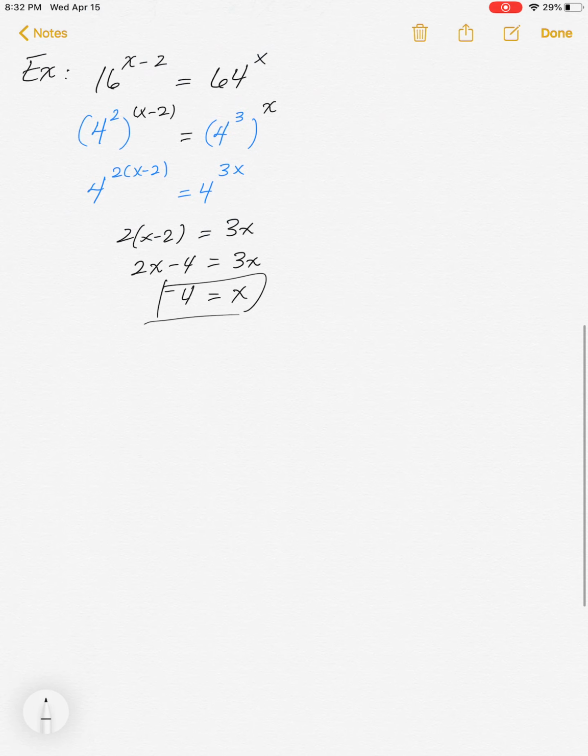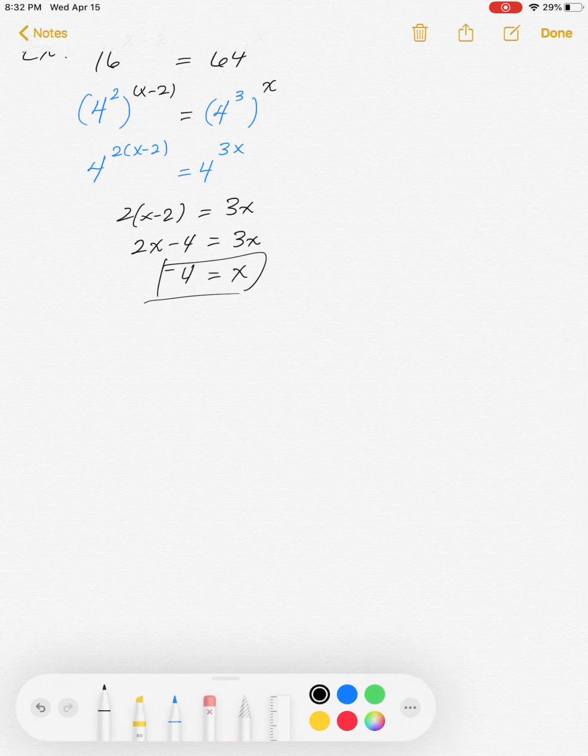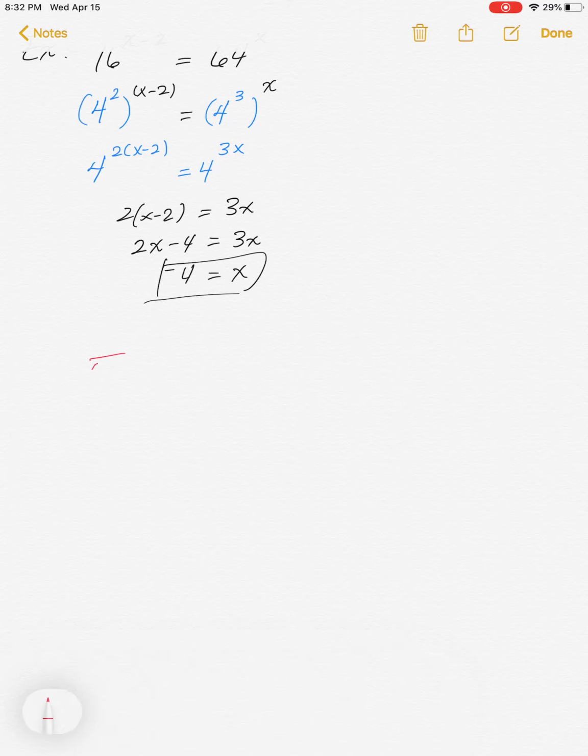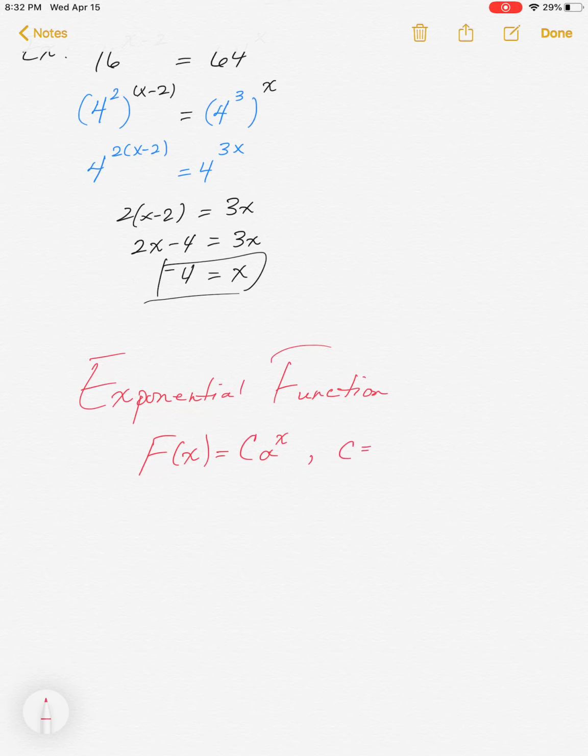Now I need to introduce to you exponential functions. We're not going to go into detail about solving an exponential function, but I do want you to be able to view and identify an exponential function. An exponential function is f of x equals c a to the x, where c is the initial value.